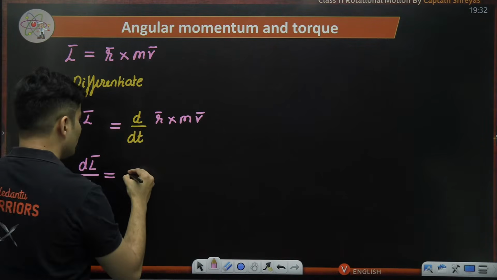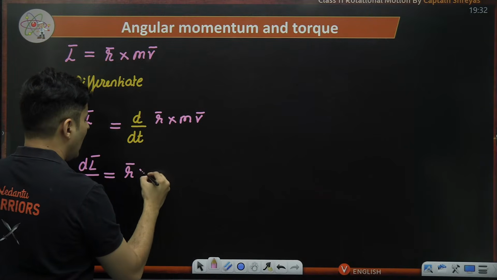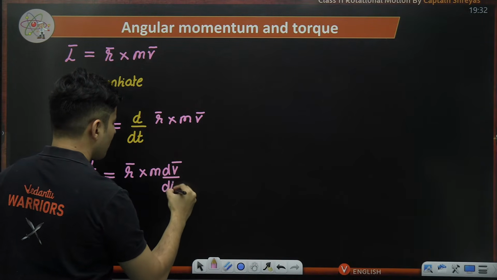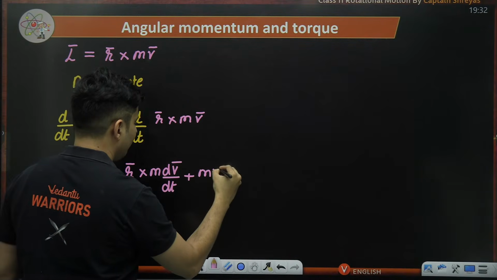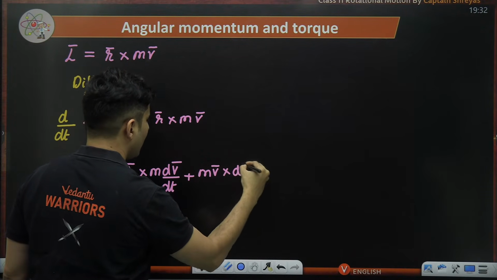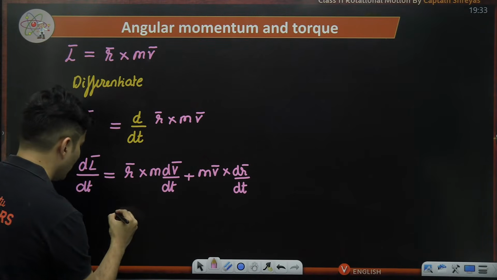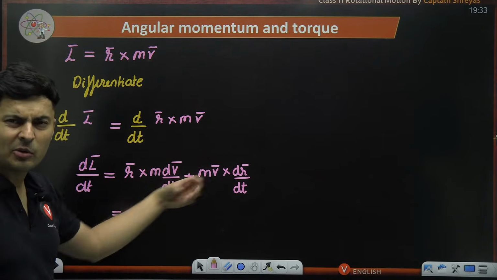So let's use our product rule, the uv rule: r cross m into dv by dt, plus mv cross dr by dt. I'm taking the worst case scenario, maybe r is changing.